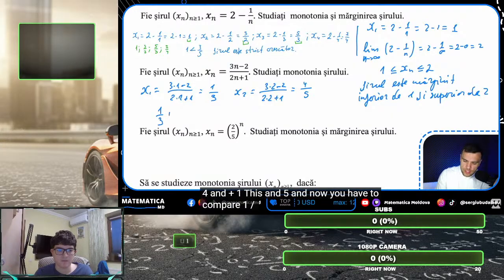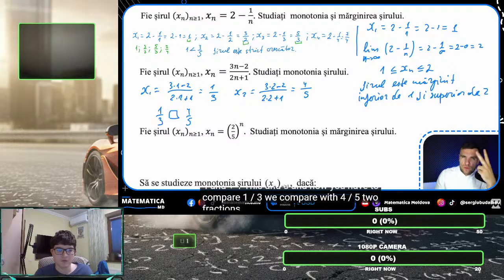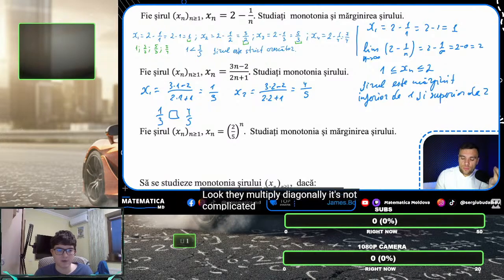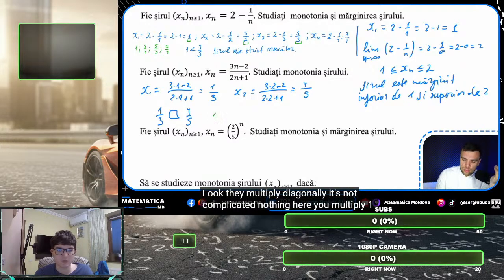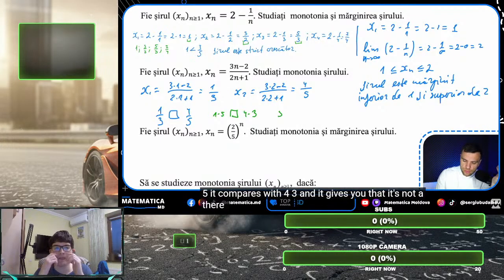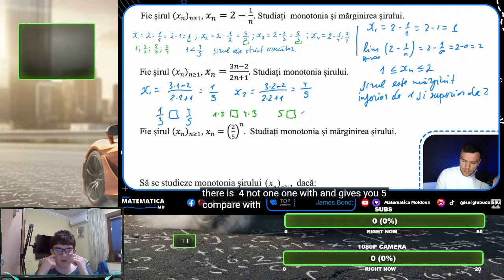Okay, so now you just compare. Essentially, 1 divided by 3, that's like 0.3. 4 divided by 5, that's like, think more. 1 times 5, and boom. So essentially, 1 divided by 3 is indeed smaller.